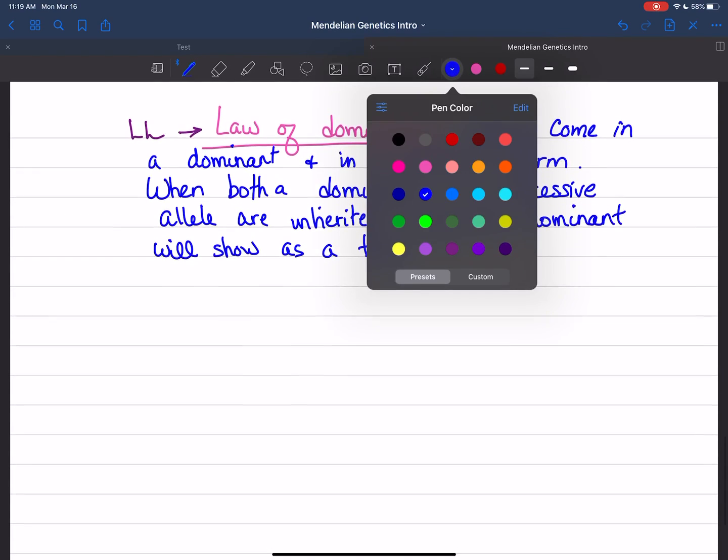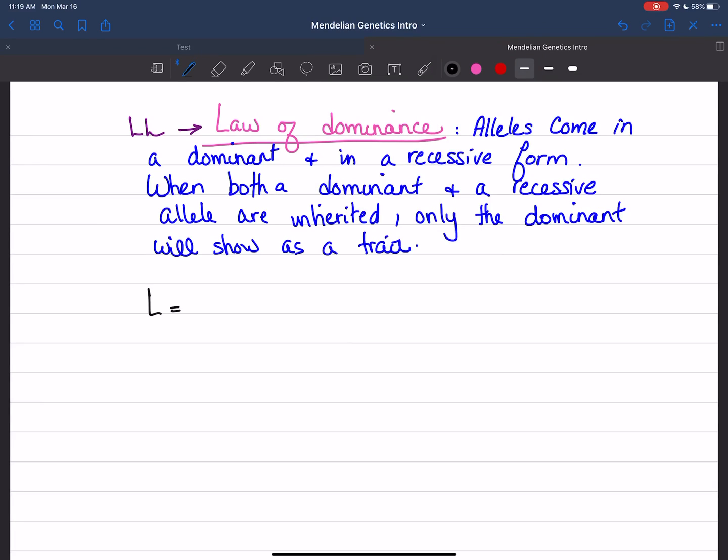So in this case, long is going to be dominant, and short, whoops, I guess I should write recessive, and that's the short one.